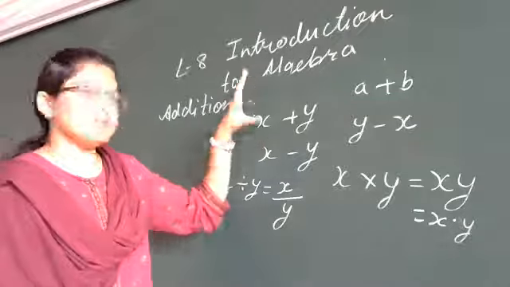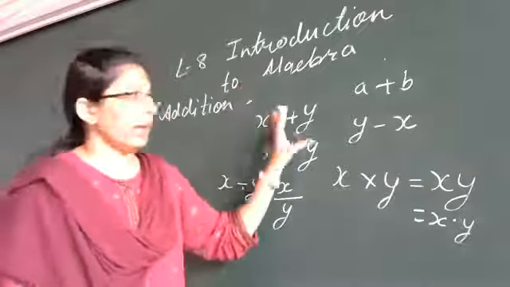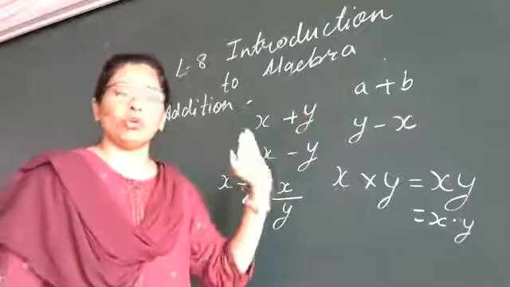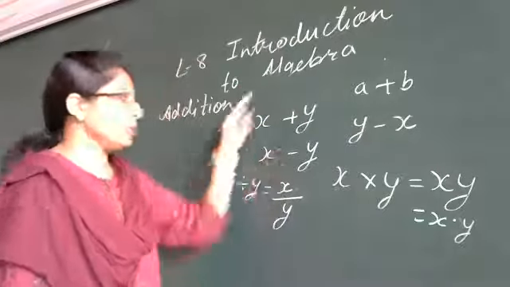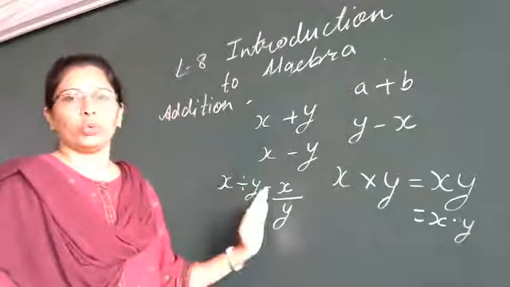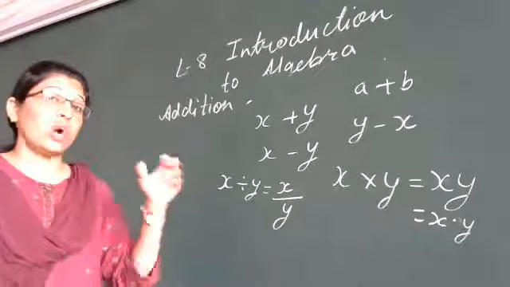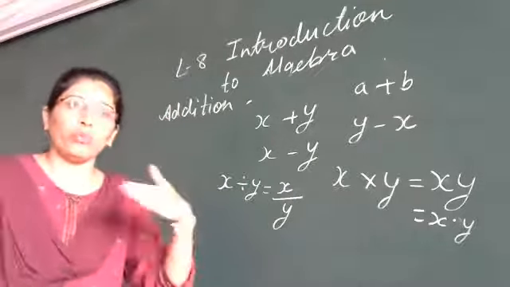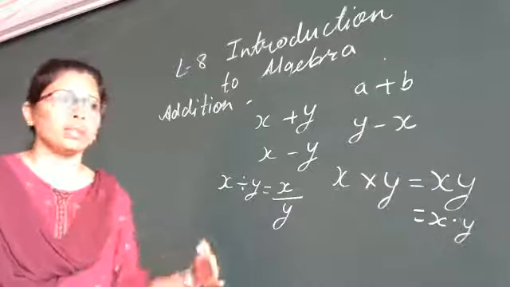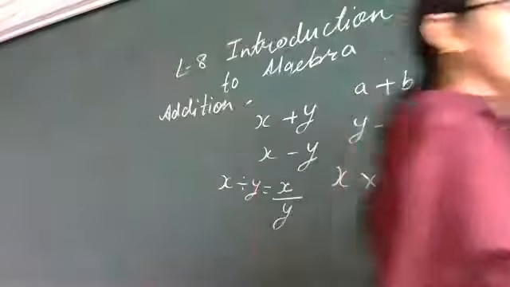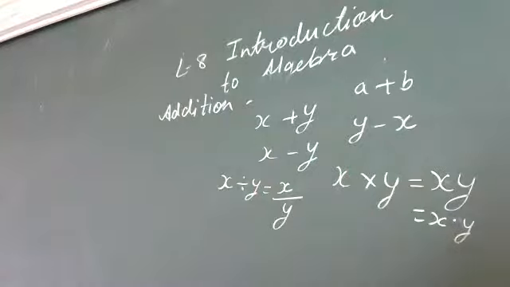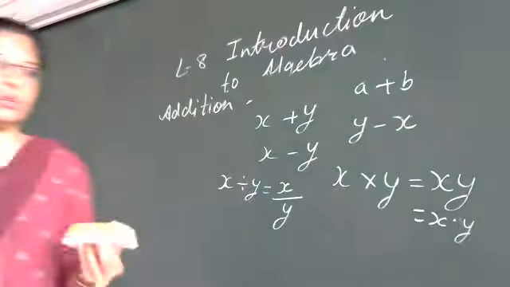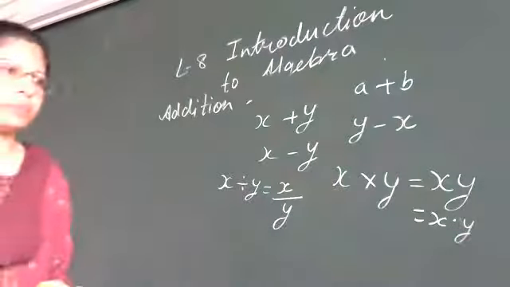Mostly, but x and y only is used. X and y or A and B also. Okay? So mostly we can see x and y only here. X, Y, Z. While writing in algebra, mostly x, y, z is used while writing the expression.